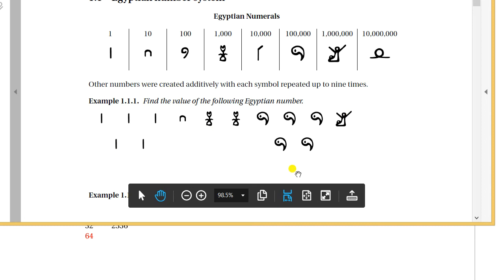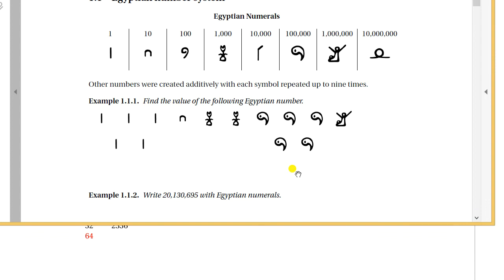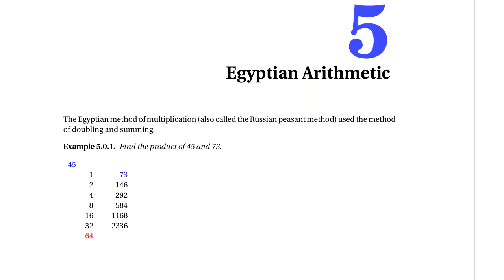We have no idea, because it's not a positional number system, so we cannot use the simple multiplication procedures. So what they did was invent this kind of doubling method. Let me just use this example to explain it. Let's say they want to multiply 45 and 73.